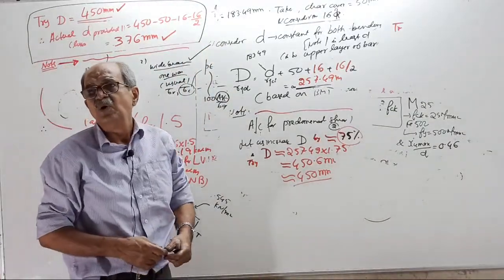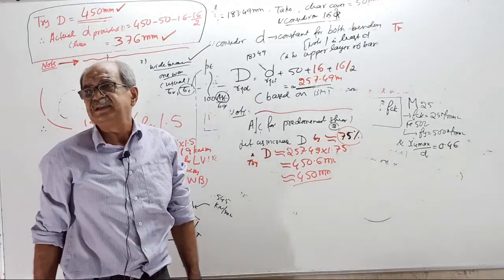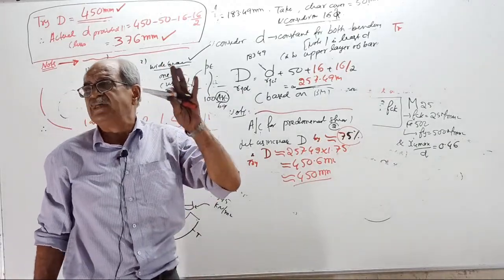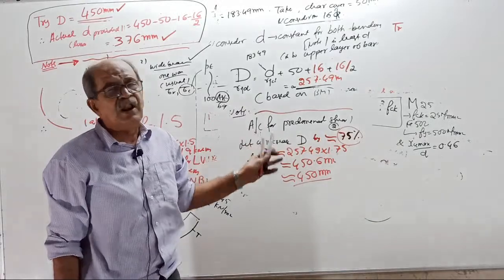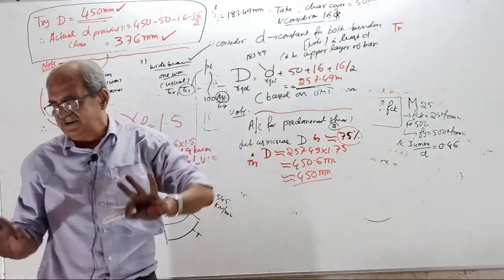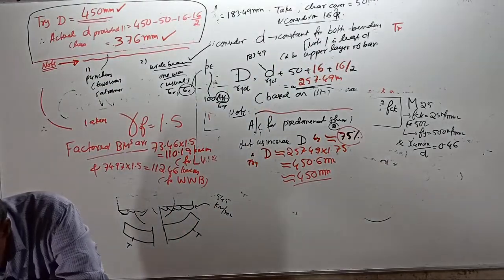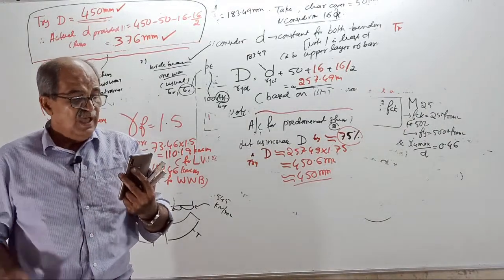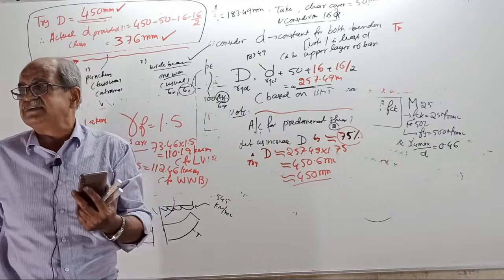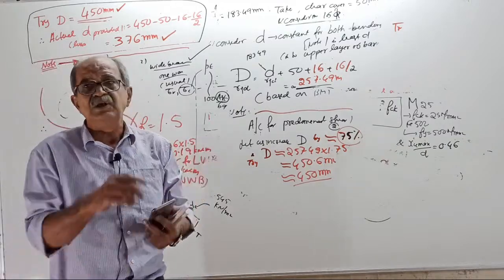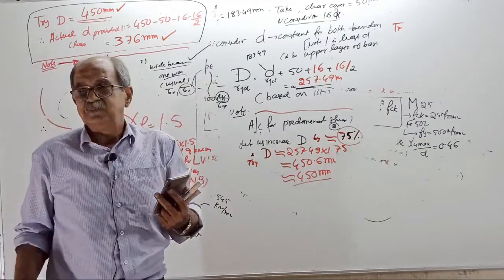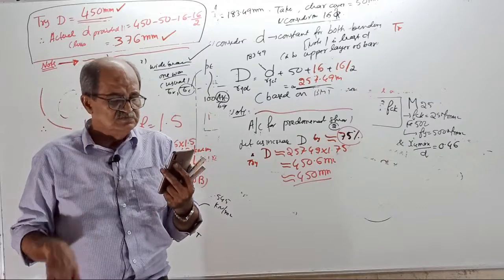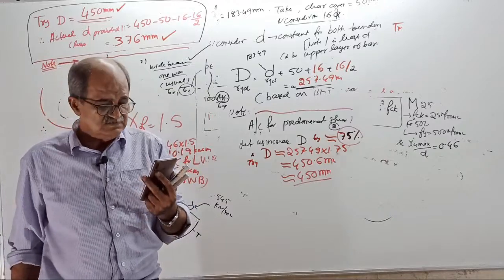Tell me yes or no. Unless you know AST or unless you finalize reinforcement, you cannot check for other shear. Unless you finalize AST, you cannot check our usual shear. Punching is separate, I will tell you.